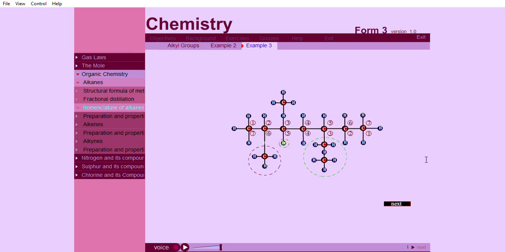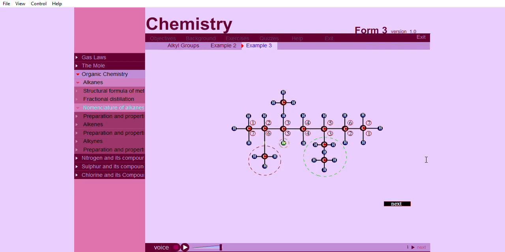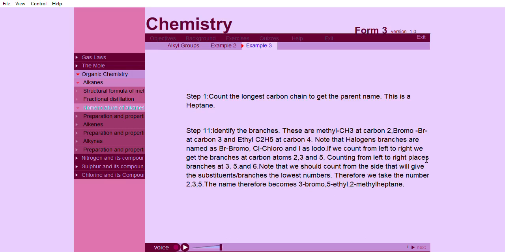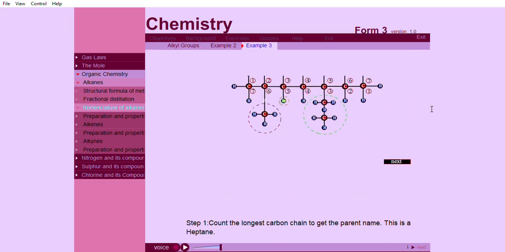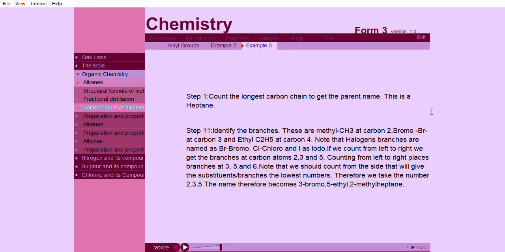Note that halogen branches are named as Br, bromo, Cl, chloro, and I, iodo. Counting from left to right places the branches at 3, 5, and 6. Note that we should count from the side that will give the substituents or branches the lowest numbers. Therefore, we take the numbers 2, 3, and 5. The name therefore becomes 3-bromo-5-ethyl-2-methylheptane.